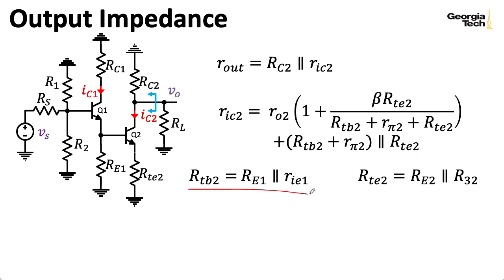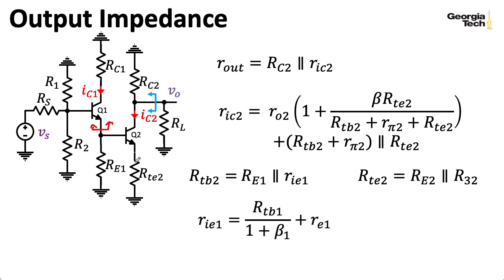Now, to compute RTB2, we need RIE1, which is the Thevenin equivalent resistance seen looking up into Q1. And that's given in terms of the Thevenin equivalent resistance seen looking out of the base of Q1, which is just this parallel combination that we computed already. So if you actually substitute everything in, you would wind up with a really, really long expression.